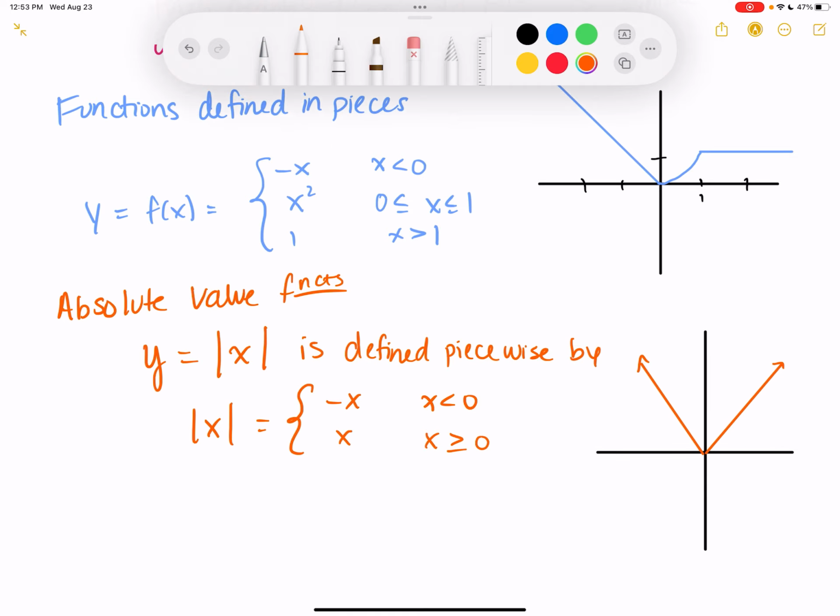Then the domain for this is either all real numbers, or we can write it as negative infinity to infinity because it covers all x values. For range, it goes from 0 all the way up, so it's going to be close bracket at 0 to infinity.